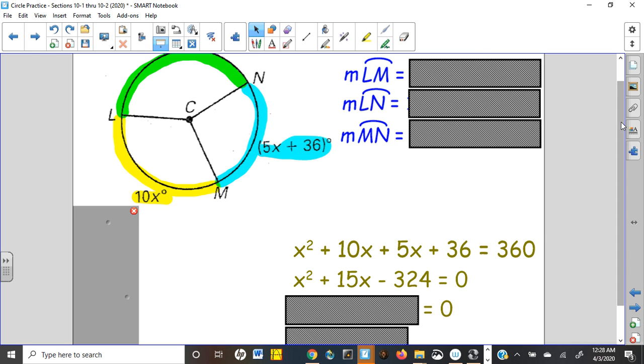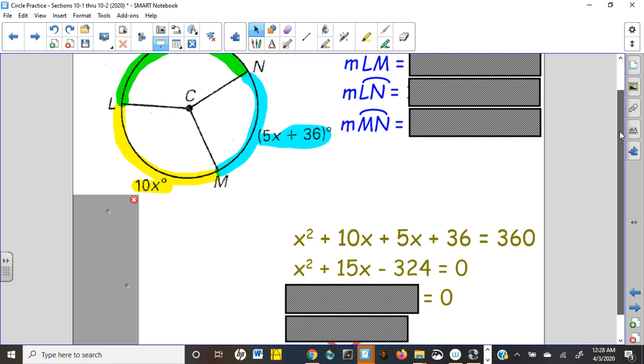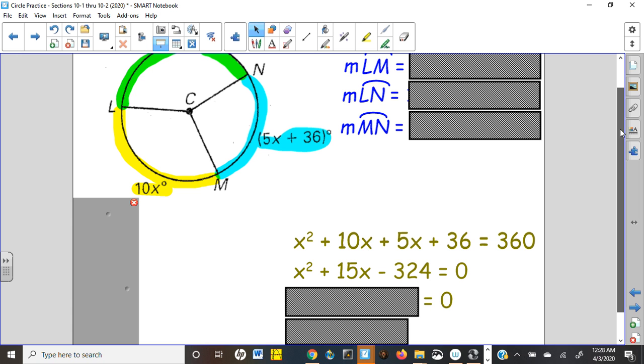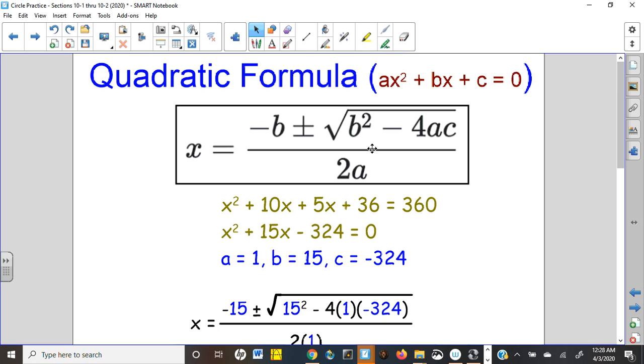But the 2 main ways that we do it algebraically are the way that I would suggest you do it, which is factoring, or to use the quadratic formula, right? You learned about the quadratic formula in Algebra 1. You had an adventurous teacher that may have even showed you how to derive it.